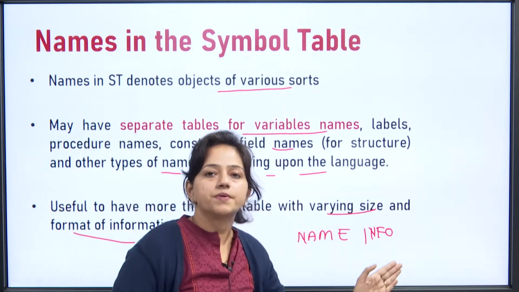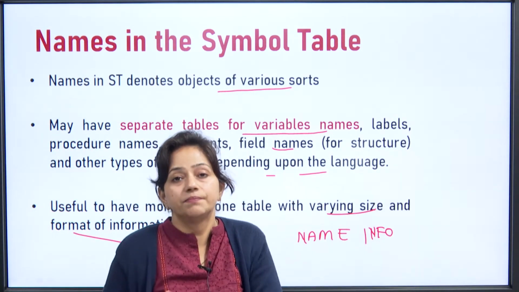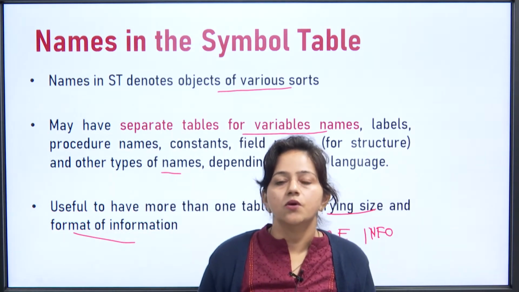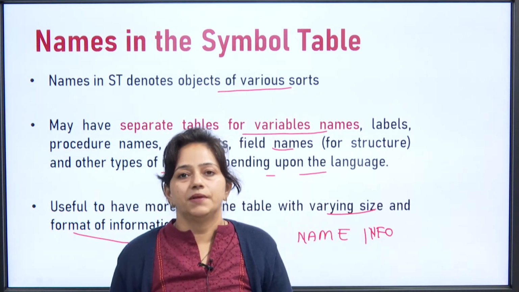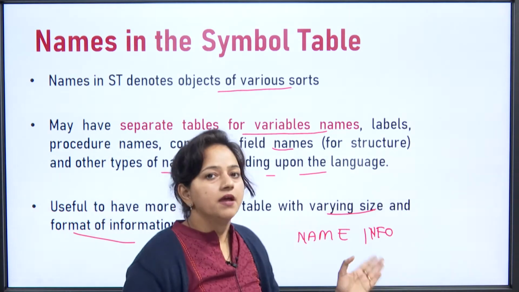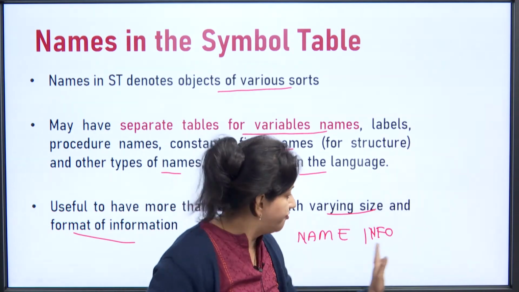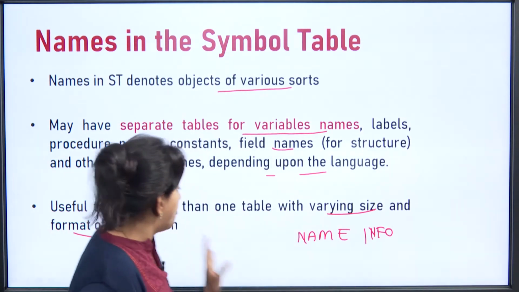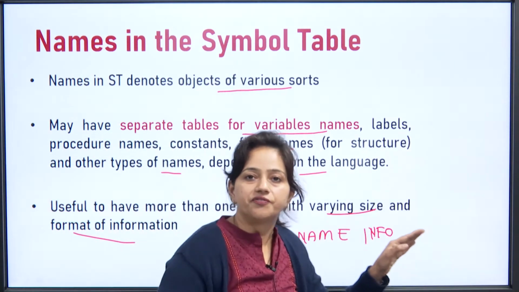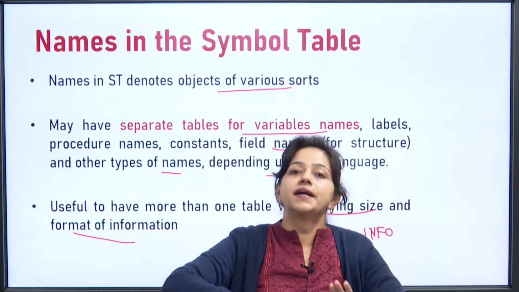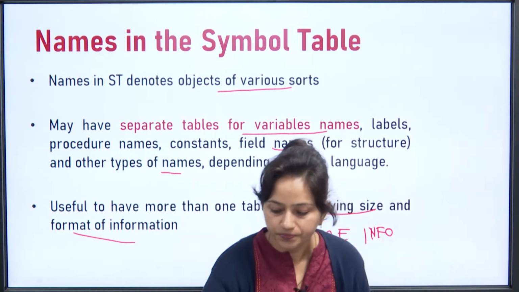If we are talking about a procedure, then the information will have something else, like the various parameters and a return value. If we are talking about an ordinary variable, then it will have only the data type, right. So parameters are different, information fields and further subfields are different. Because the format and size are different, it is advisable that we use separate tables for separate categories of names.